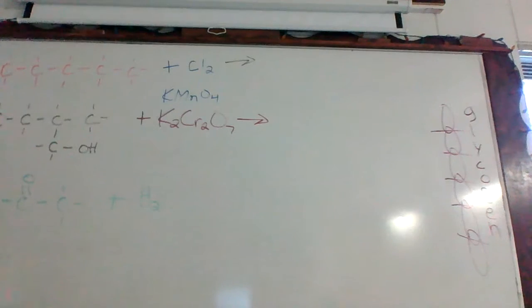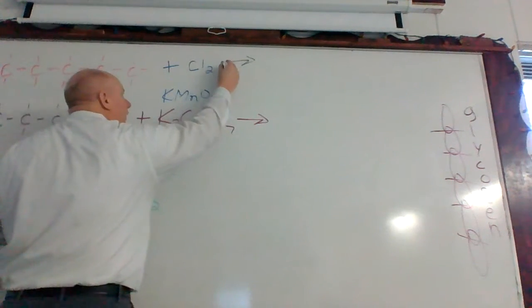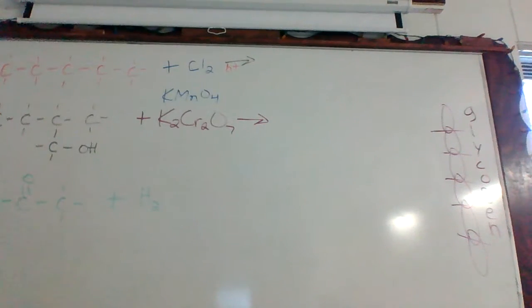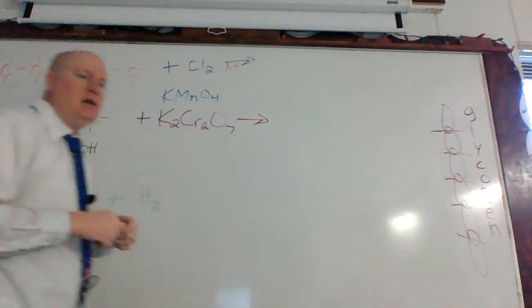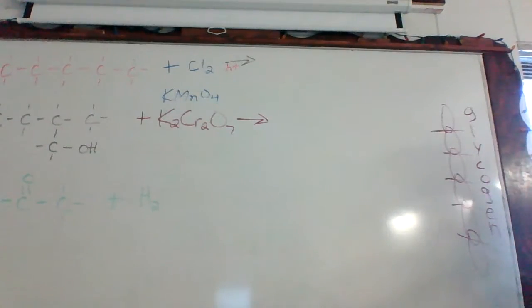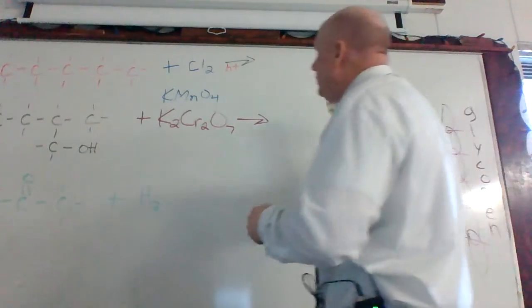So if that's the case, well then we need something like this. We need to have some sort of catalyst to cause this to take place, and it's on your equation sheet or your flow charts. What do we see happening?